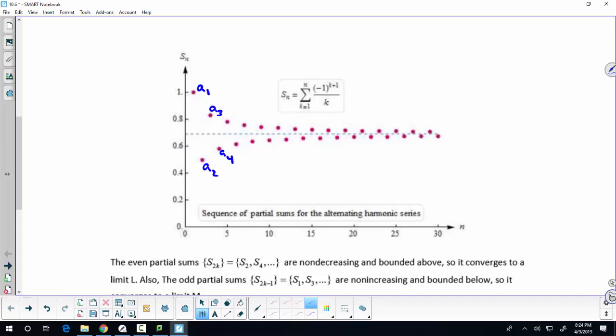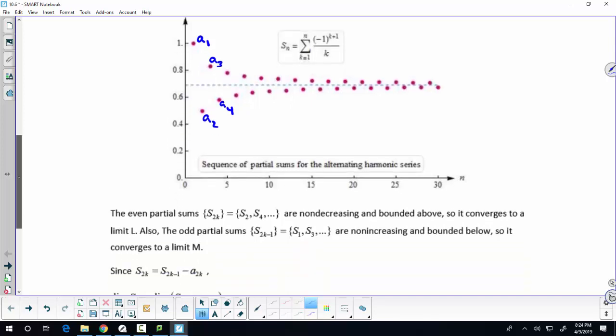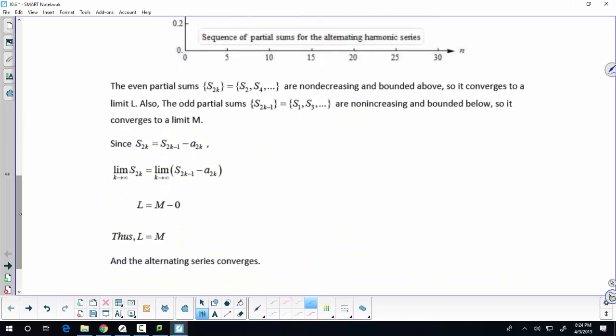Visually, it looks like it's converging to a specific value via oscillations. But if we look at the even terms versus the odd terms separately, this is our justification for the convergence of the alternating harmonic series.